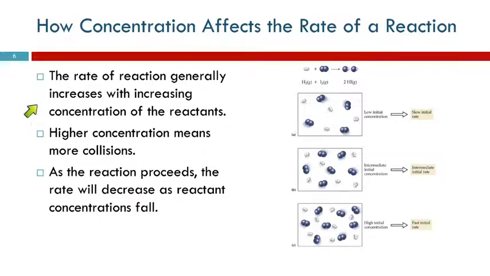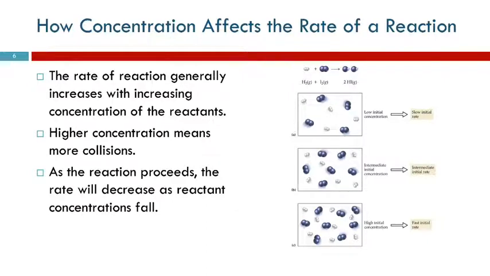The rate of reaction increases with increasing concentration because higher concentration means more collisions. Where are you more likely to meet people? In a crowded nightclub or out in the orchard? In the nightclub. Why? Because there's more people there, right?